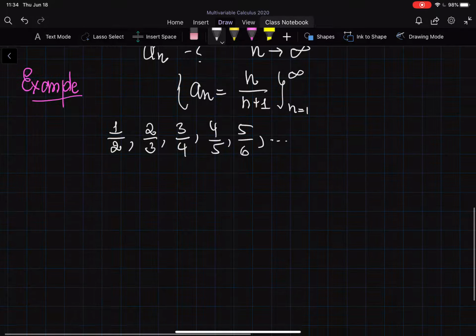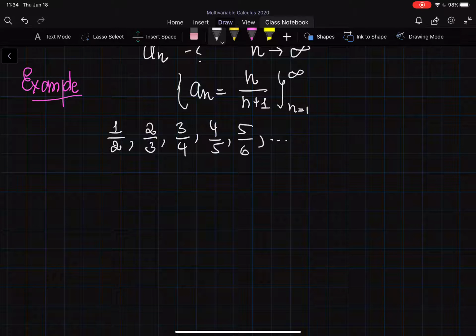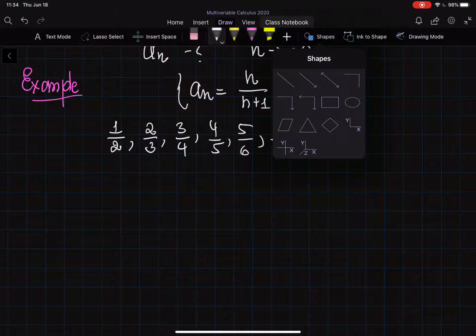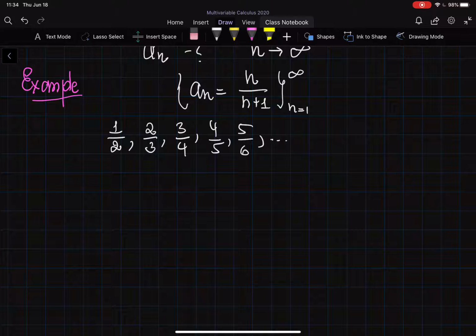So now, what I would like to know is whether, if n goes to infinity, the sequence also goes to infinity, or it goes to some number. And in order to understand this, let me try to draw the values of the sequence.